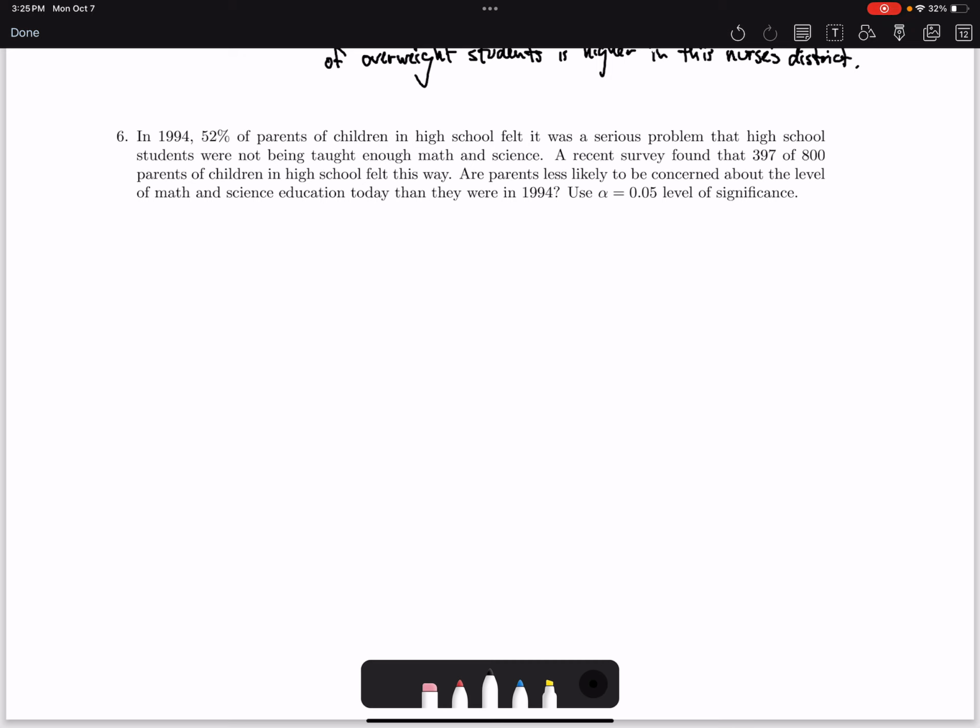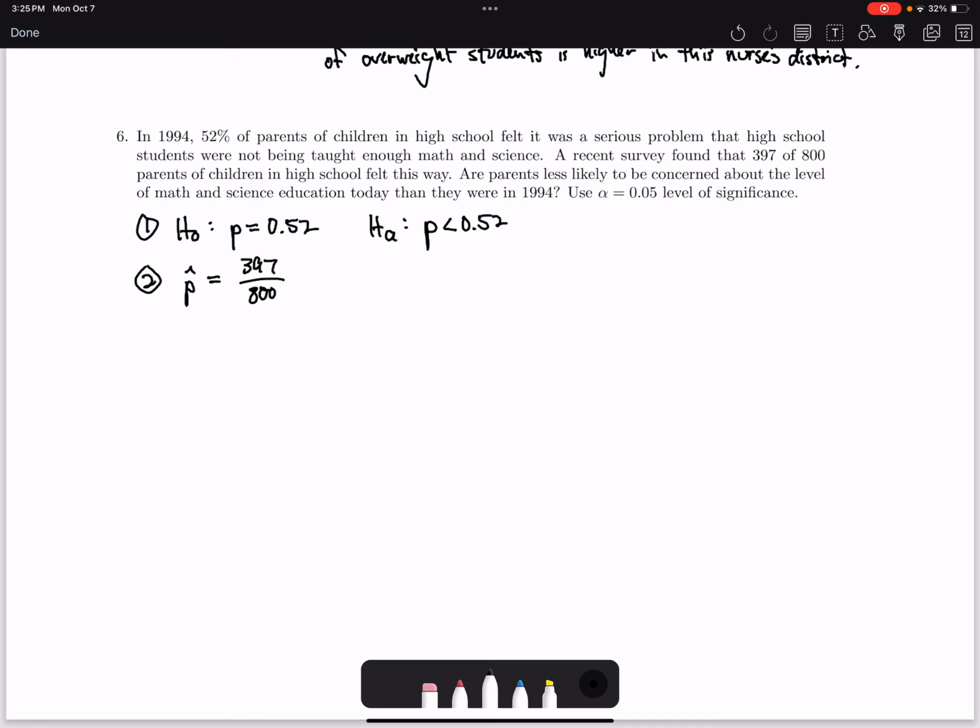Let's see. The null hypothesis is that they're not less likely, that they are equally likely to think that their kids aren't being taught enough math and science, okay? The alternative is that they are less likely to be concerned about this. The sample evidence that we have to support the claim is that 397 out of 800 parents expressed concern.